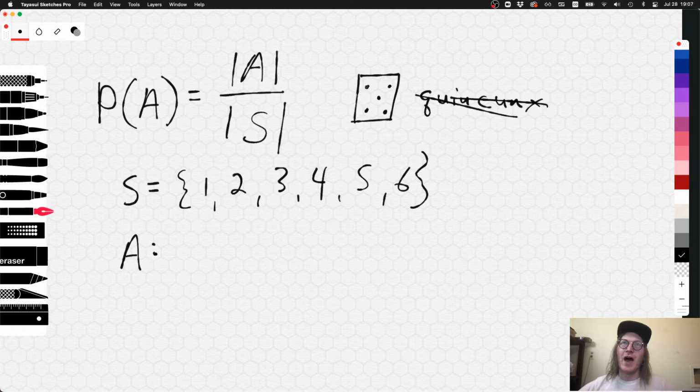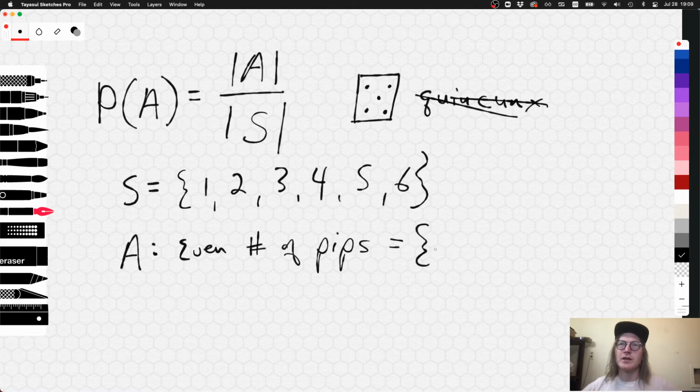But this is 5 pips, right? So A here represents all outcomes where there's an even number of pips. So what is that? Well, it's 2, 4, or 6. And so this is going to be 2, 4, 6.